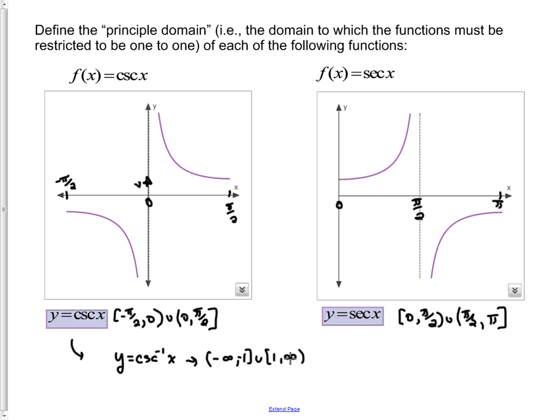This becomes our domain of our inverse cosecant function, and the range of that inverse cosecant function becomes this principal domain that went from negative pi over 2 to 0, but didn't include 0, union with the set that went from 0 to pi over 2.